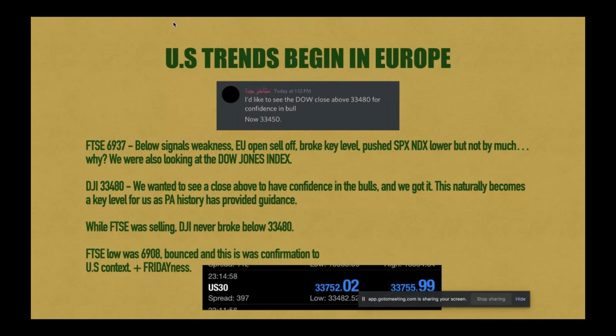I'm going to take it that we have no questions. So I'll say it one more time. U.S. trends begin in Europe. You guys remember last week? And trend as in price discovery or chop? Both. Good question. You can determine chop days simply from looking at the European index.